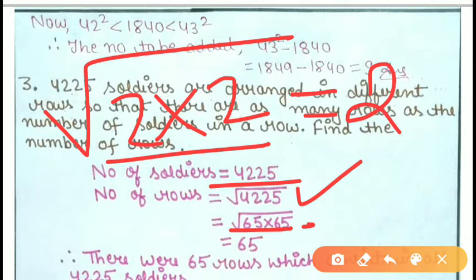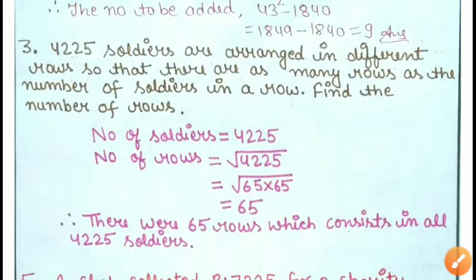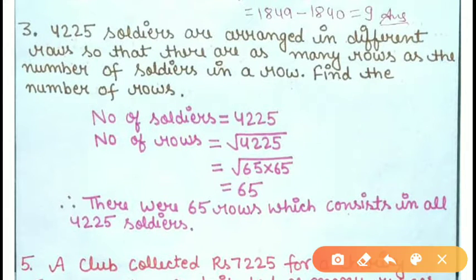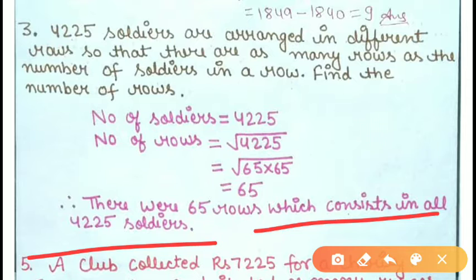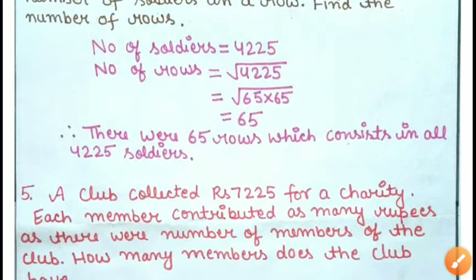In the same way here, from the 65 this is the one pair, and from this you write only one. That means 65 is the answer. So there were 65 rows which consist in all 4225 soldiers. Whenever this type of question is given, you just find out the square root, you will get your answer. Question number 4 will be your homework.